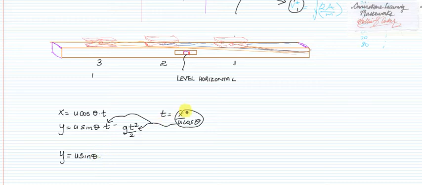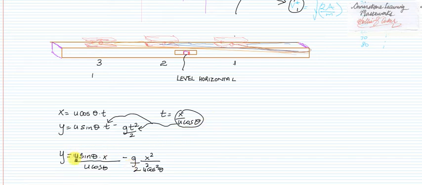So this is going to be u sine theta times t, but t was x all over u cos theta, minus g on 2 times t squared. So t squared will be x squared on u squared cos squared theta. I want to simplify that.